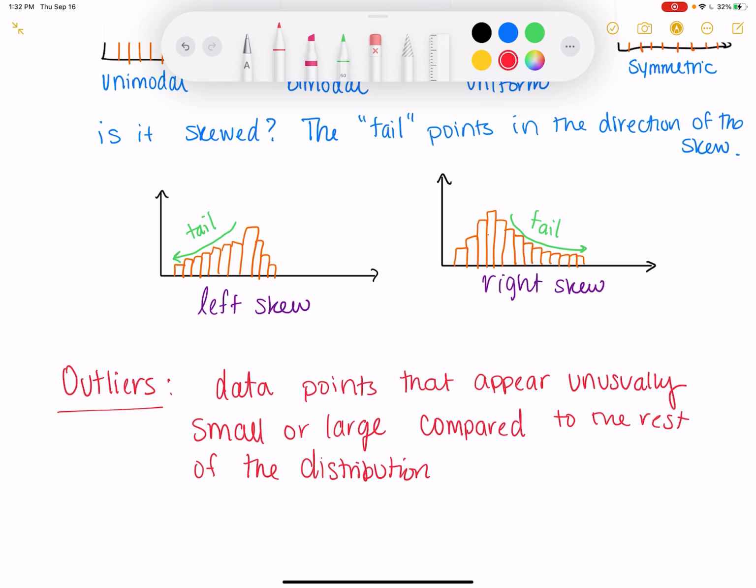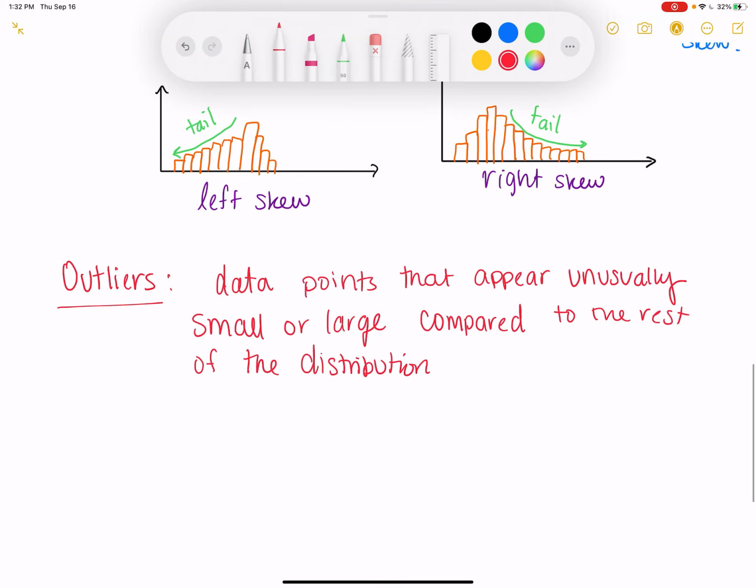So if you had mostly everything at about 30, and then there was one at 50, that would be an outlier. And I want to say in the next chapter, we'll learn how to tell if something's an outlier.